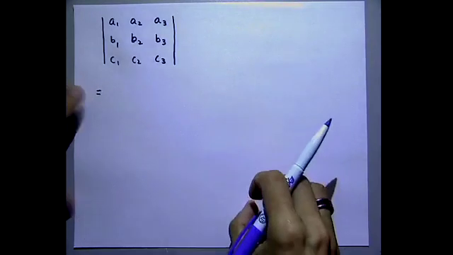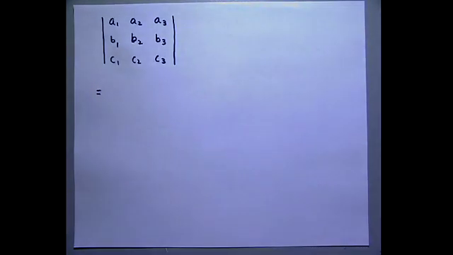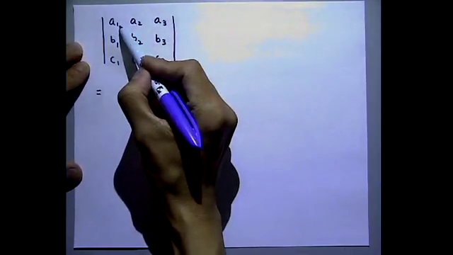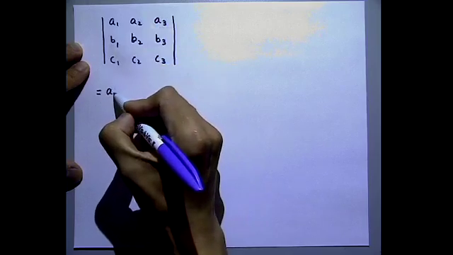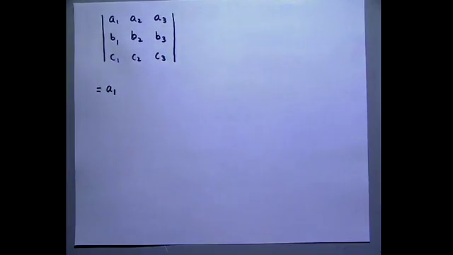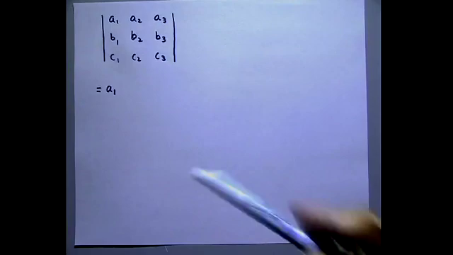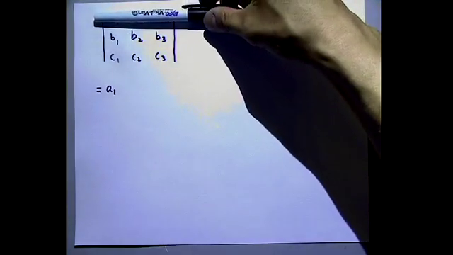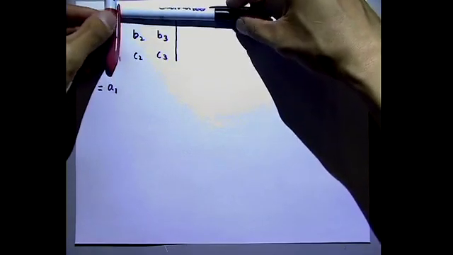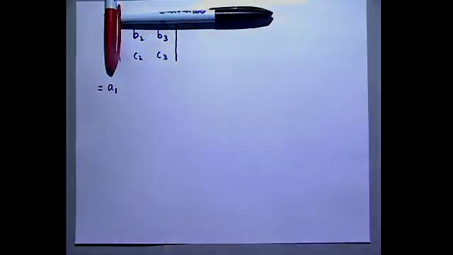So here's what we do. We work along the first row. So first we take this number A1. And then we mentally, or with a couple of things to help, block out the first row and the first column.